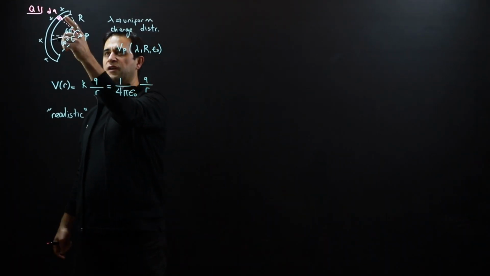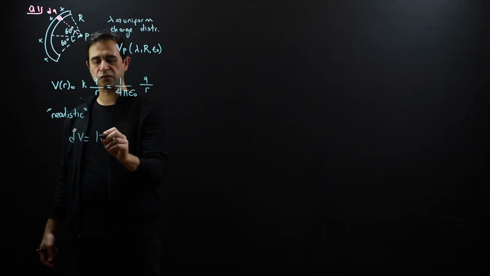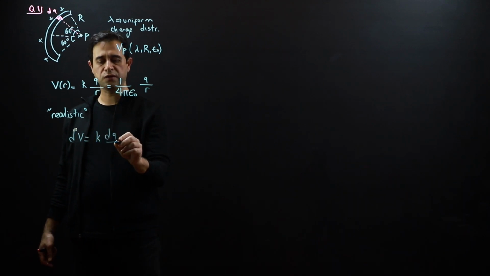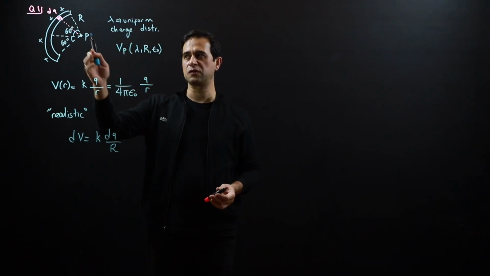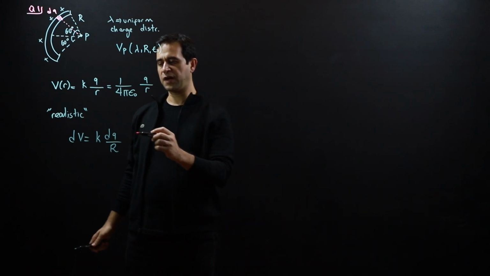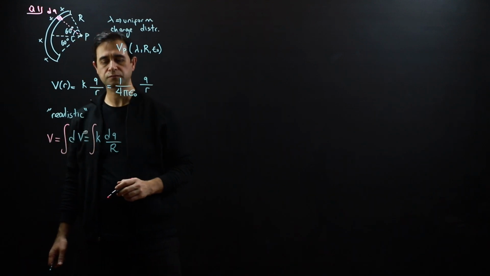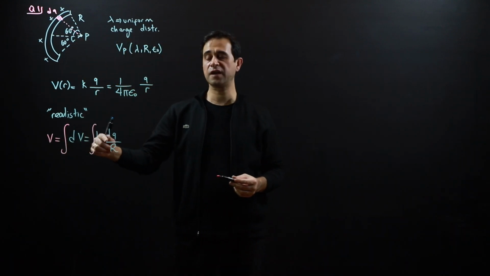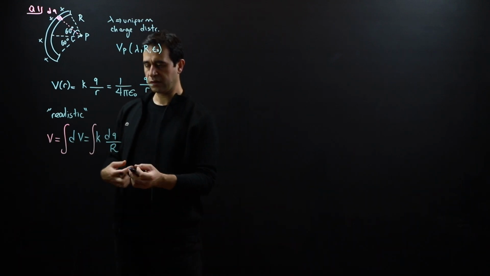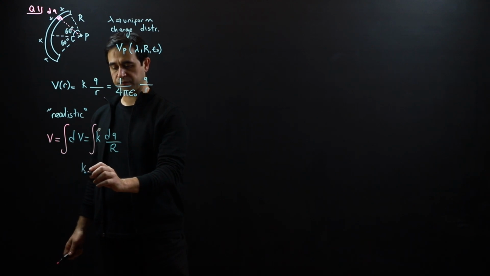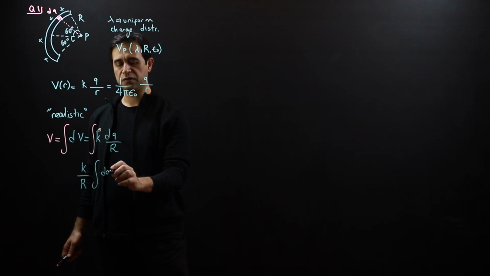So let's start with the effect of dq here. dV, which is the infinitesimal potential, is equal to k times dq divided by the distance r. And we are asked to calculate Vp, which is all these contributions added up, so I have to integrate both sides to get V. Now I have to take the constants out of the integral. k is a constant, obviously, so that is k divided by r, and only dq stays inside the integral.